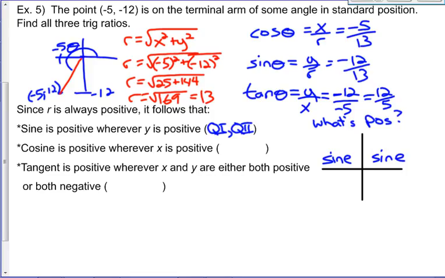Cosine's positive wherever x is positive. Well, x is positive in quadrant 1 and quadrant 4. So cosine is positive here and here. Tangent's positive wherever x and y are either both positive, which would give you a positive, or both negative, because negative divided by a negative is a positive. So that happens in quadrant 1 and quadrant 3.